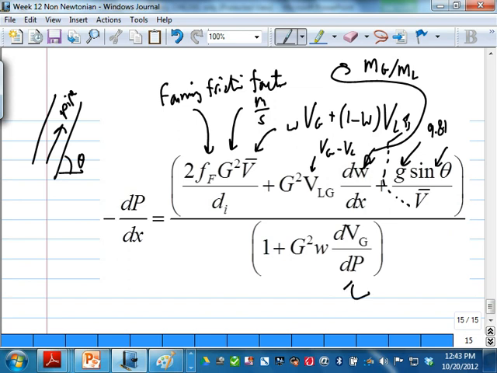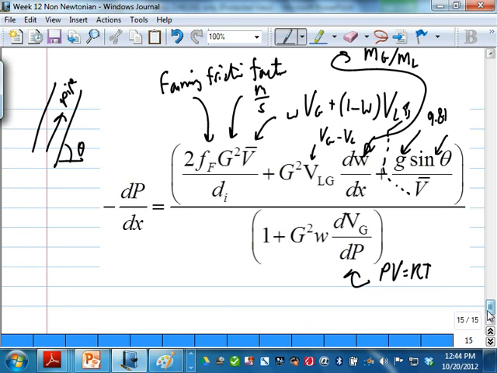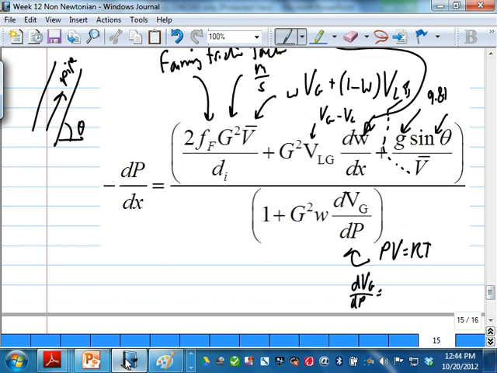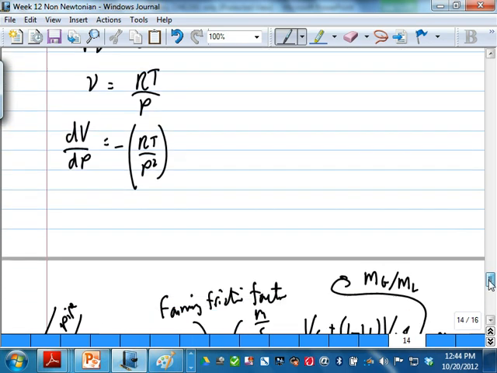Well, that form. PV, if you assume PV equals RT, then dVG on dP is equal to, what was that? Minus RT over P squared.